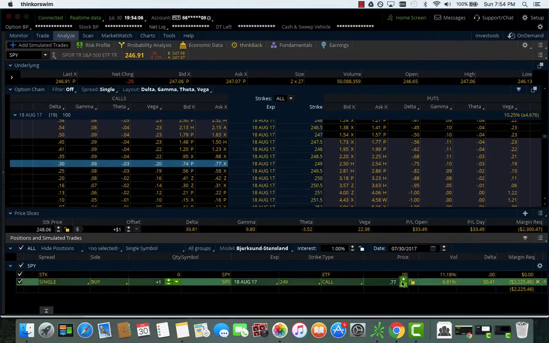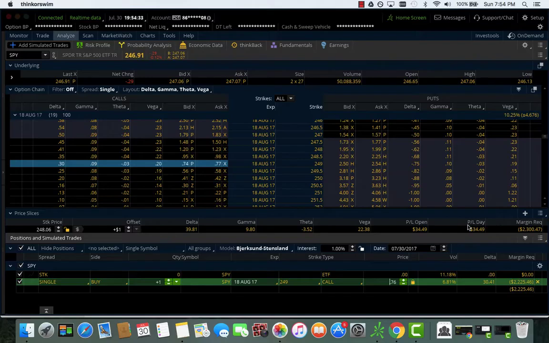We're going to buy the 249 call for 76 cents. If SPY goes up a buck, we make about $34. Now that's interesting.